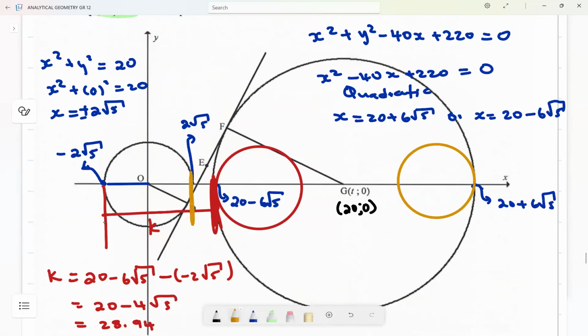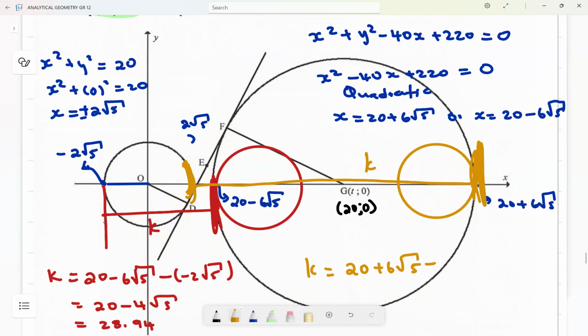So the distance from this one to this one there is also another k. For this one, k is 20 plus 6 root 5 minus the x-intercept there, which is 2 root 5.